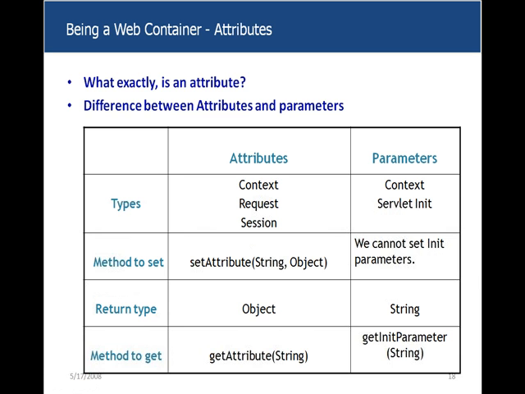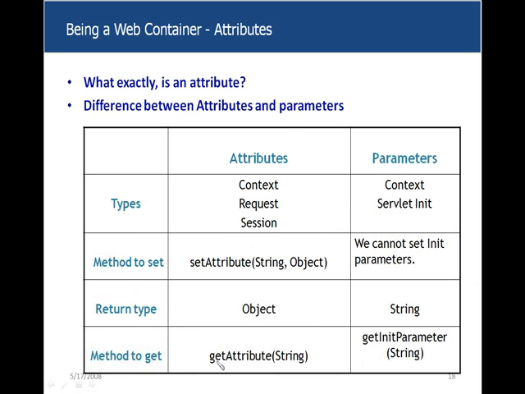If you want to store anything apart from a string, you cannot do that using initialization parameters, even if you want to set that value only once throughout the life of the servlet, because it's a string. If there is an object you need to store, you'll have to do it via attributes.